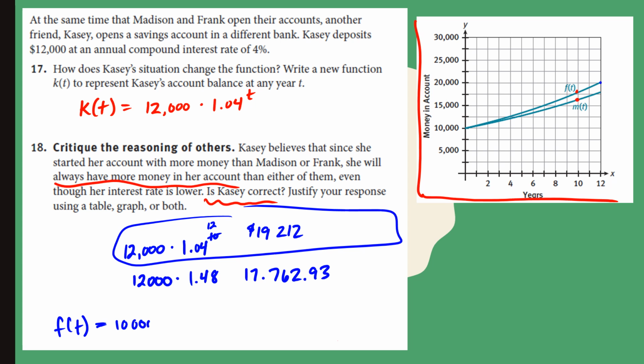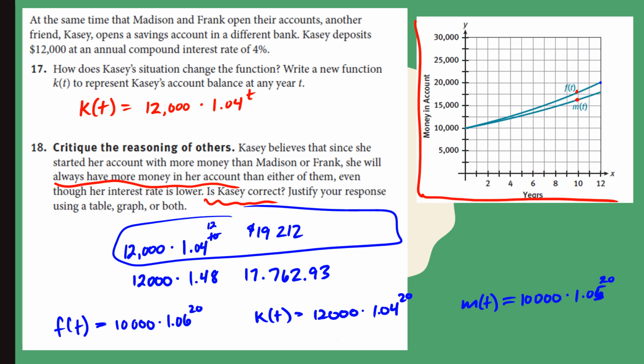Well, his was 6% for 20 years, and Casey's was 12,000 times 1.04 for 20 years, and see what you come up with. I think what you'll find out is that Frank's and Madison's both, you could even do Madison's, eventually theirs curve higher at a higher growth rate, so they're going to pass. Oops, hers was 1.05 to the 20. They're going to end up passing Casey's eventually.